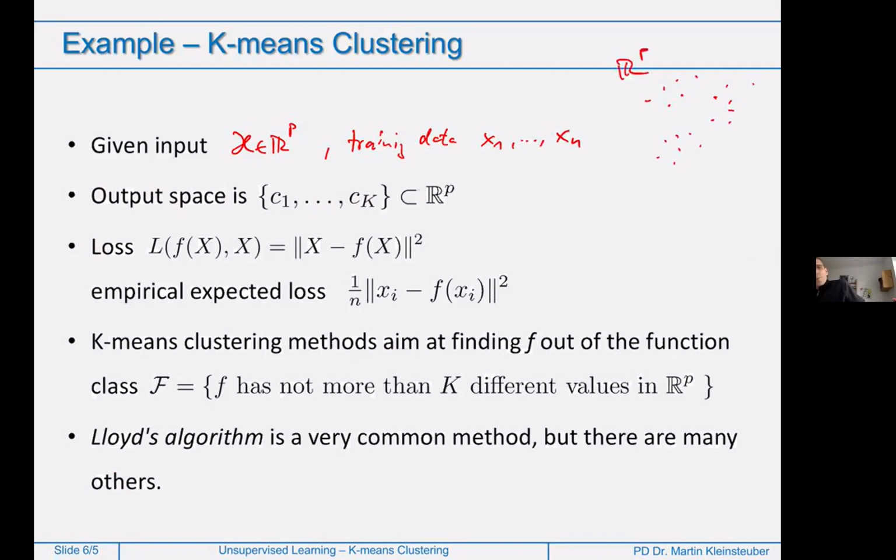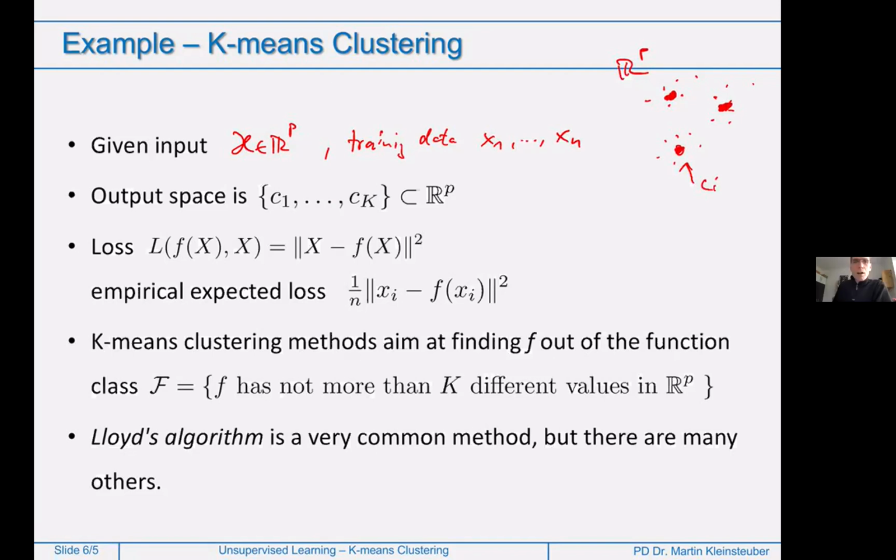And our output space, so where we want to map this data, also lies in this RP, but the output is limited to k vectors, C1, C2, and CK.